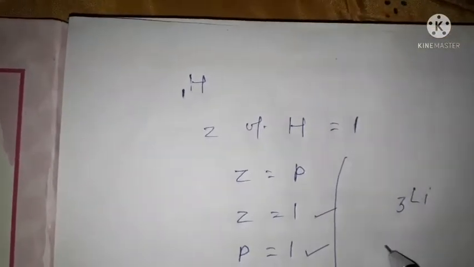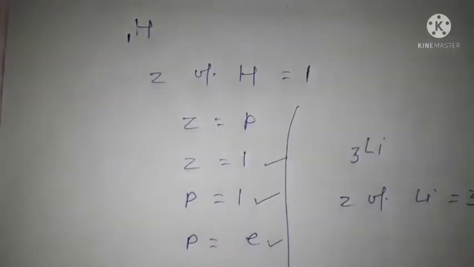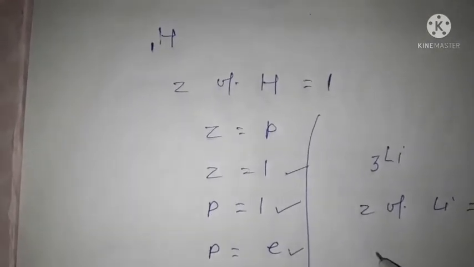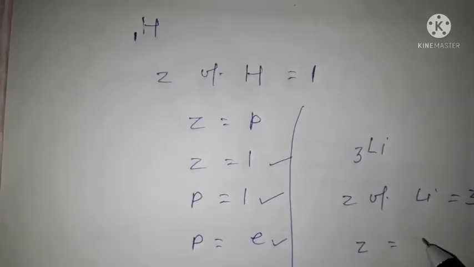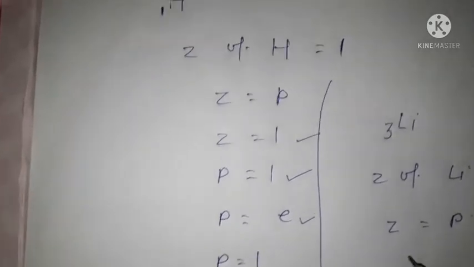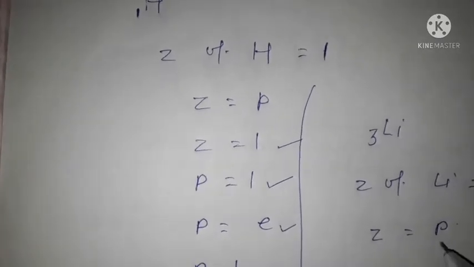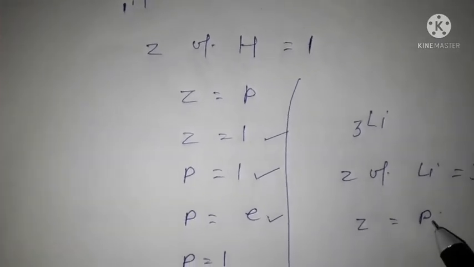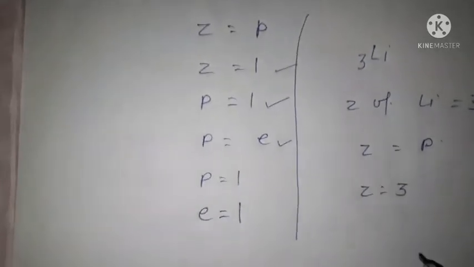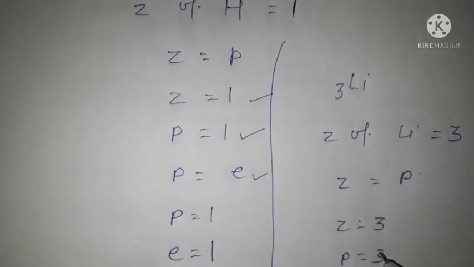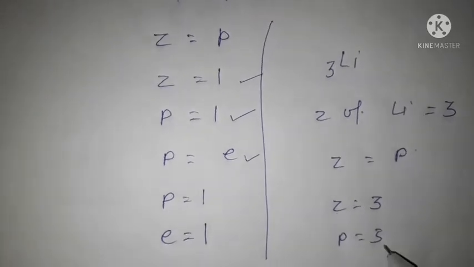Like this, any element we can take, like lithium. If Z of lithium is equal to 3, we know Z is equal to the number of protons. Z is the atomic number and P is the number of protons. If Z is 3, then P is also 3.